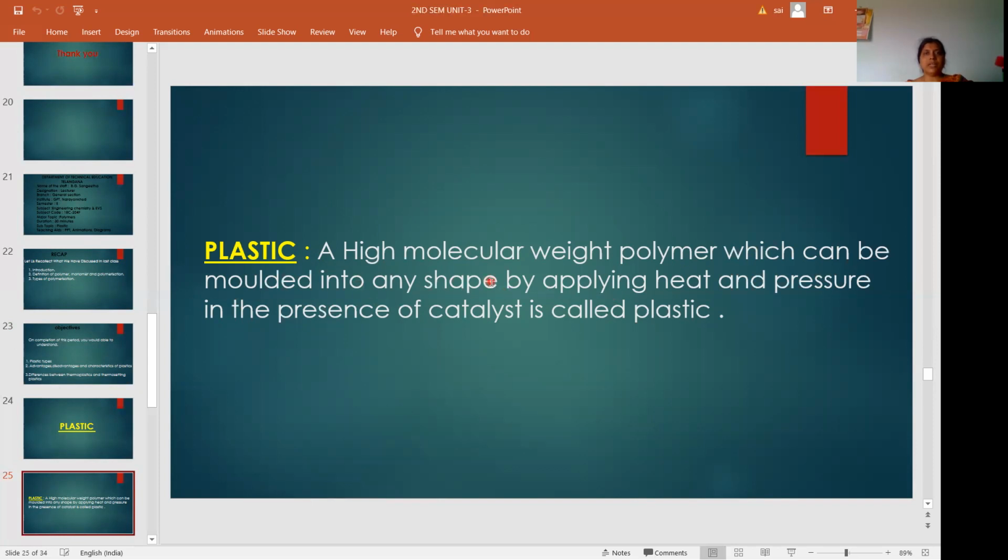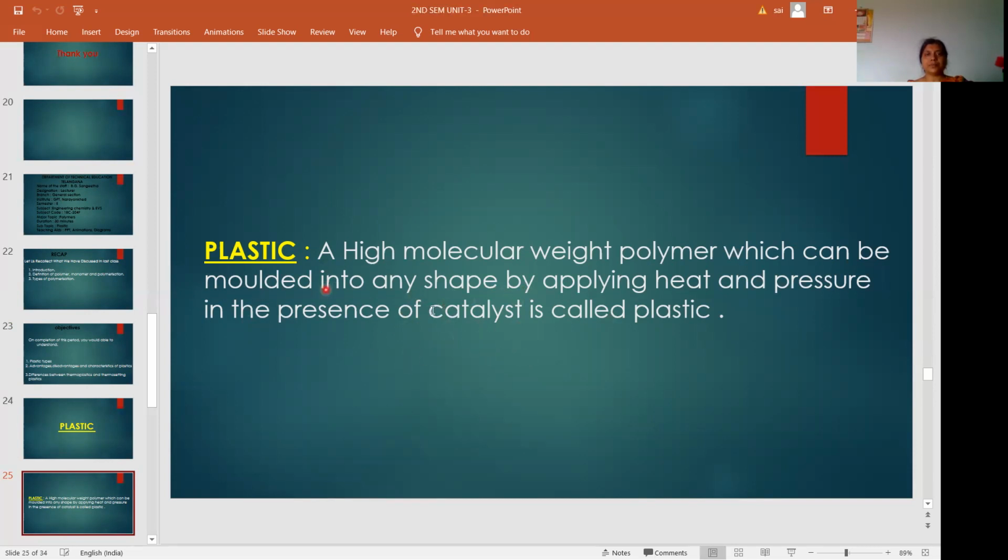That means we can make it into any shape you want by applying heat and pressure in the presence of a catalyst. A catalyst is a substance which enhances the rate of reaction without participating in the reaction.